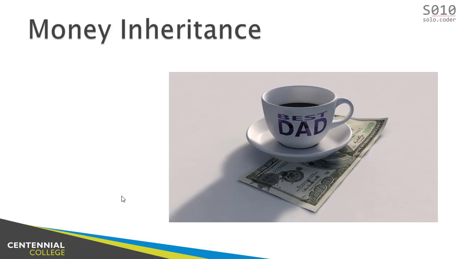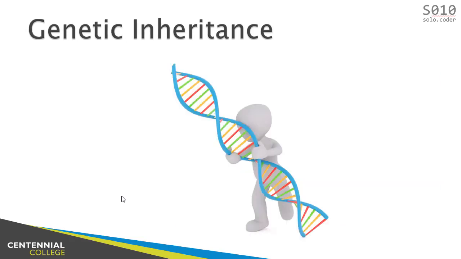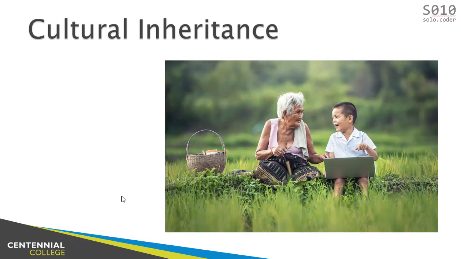Genetics, yes, that's correct. And again, very similar to what we're going to be seeing here with inheritance. One class will be inherited from another one: the properties, the cash from that other class. Cultural inheritance as well, someone mentioned that.